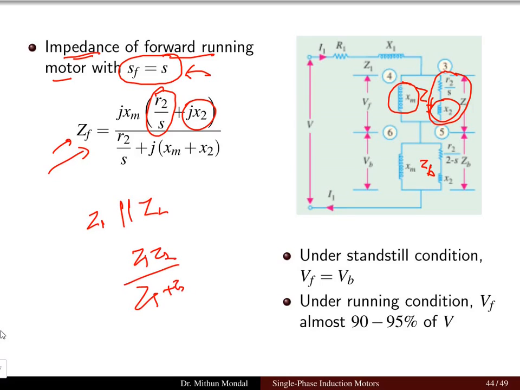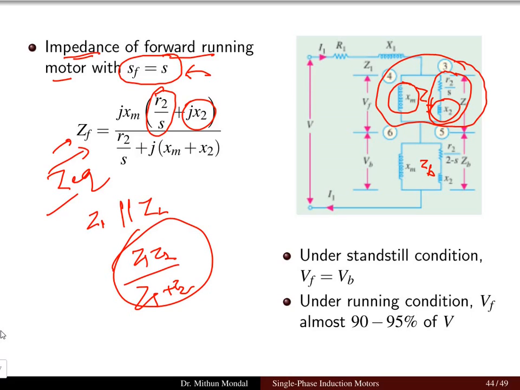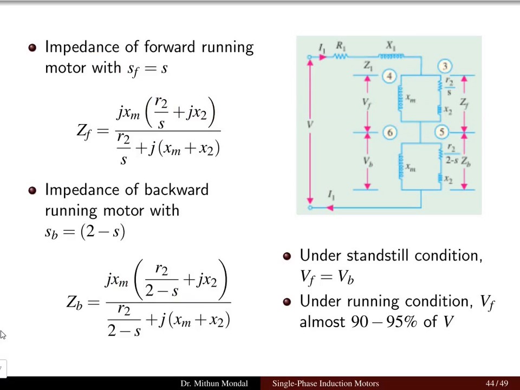So this is the Z equivalent of the forward impedance of the rotor. Here we are just obtaining the forward impedance. Now, if we need to compute the rotor backward impedance, then we have to just replace the slip with 2 minus S in the previous equation.